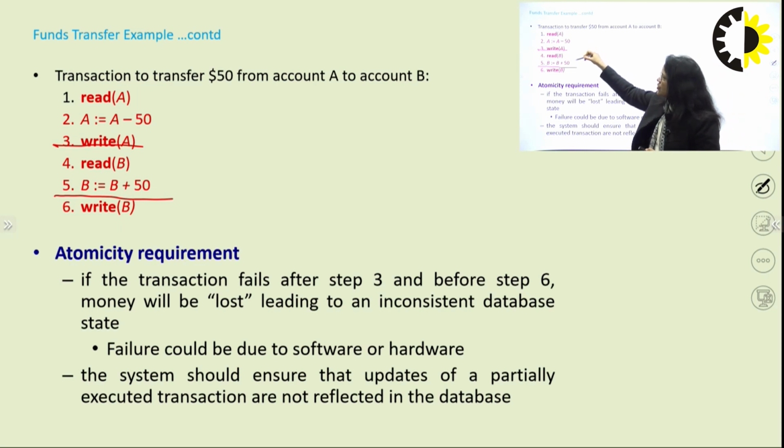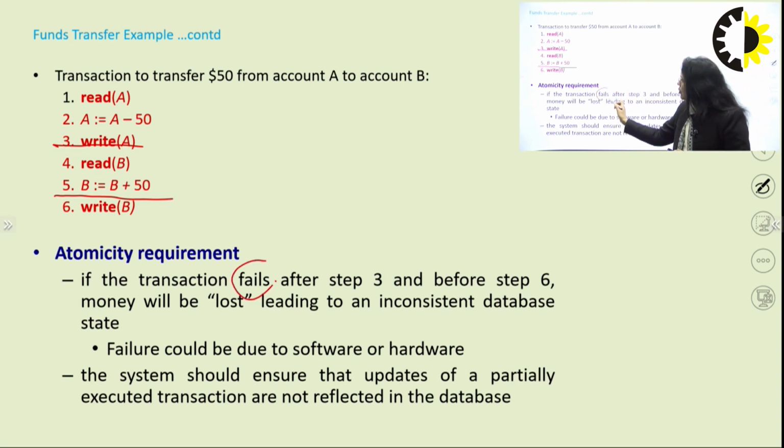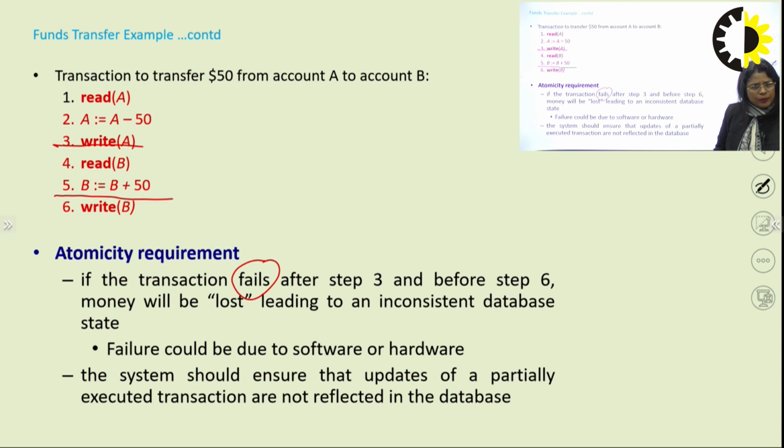These operations will not be executed at that time. So we'll lose some information that will lead to an inconsistent database. This failure may happen sometimes due to some software or hardware failure, so some of the transaction operations will not be conducted. But what will be the result in that case? It will lead to an inconsistent database state.